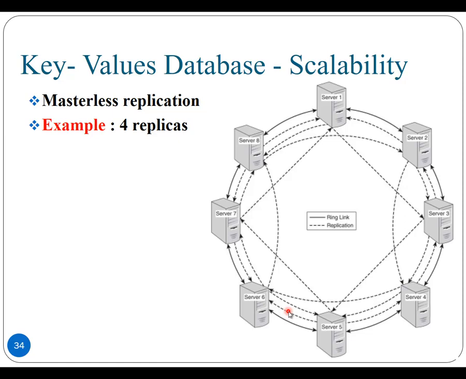For example, in this masterless replication, we could have 4 replicas for each of the servers. We have four replicas, so we have 4 copies.